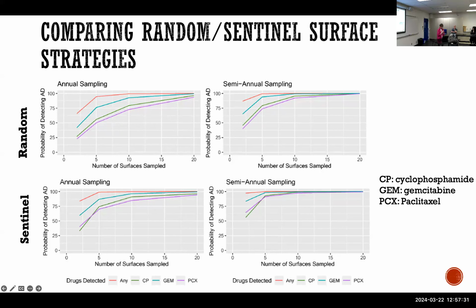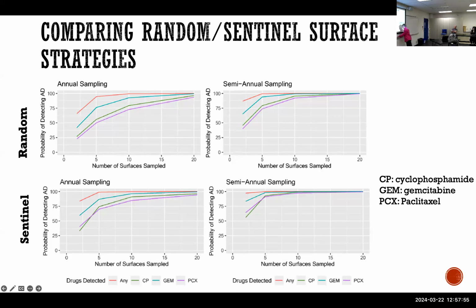And then each of the, do I have my pointer? Yes. So with these lines, each of the three lines that are the lower three represents a different drug. So the lowest one is paclitaxel, and then cyclophosphamide and gemcitabine. The red line represents that panel.